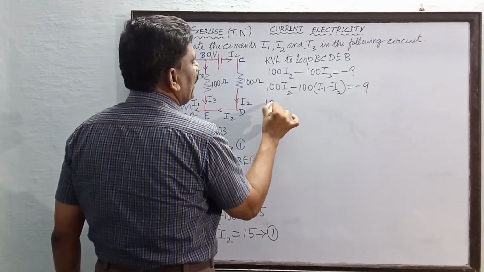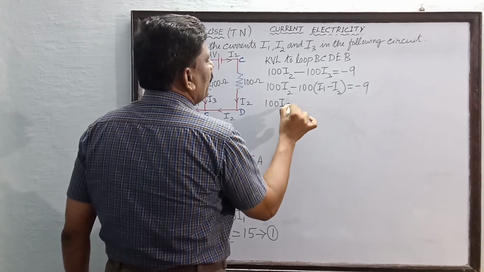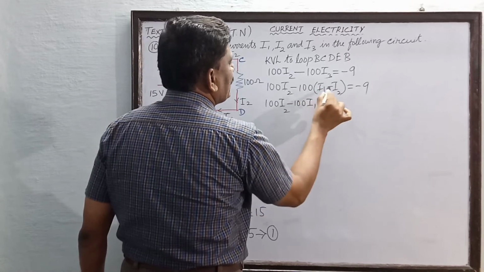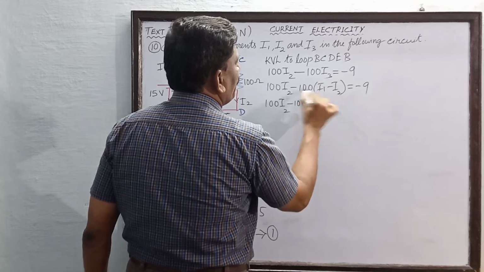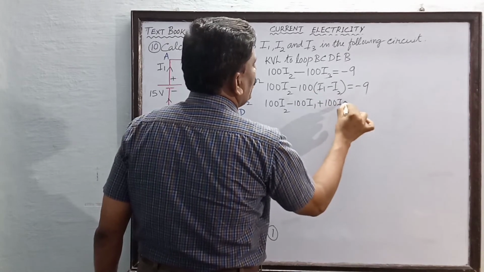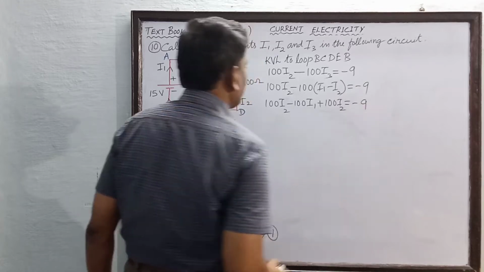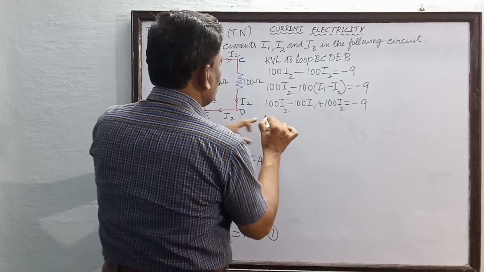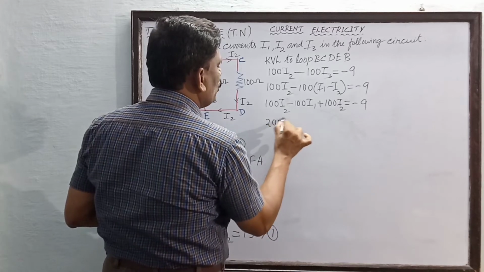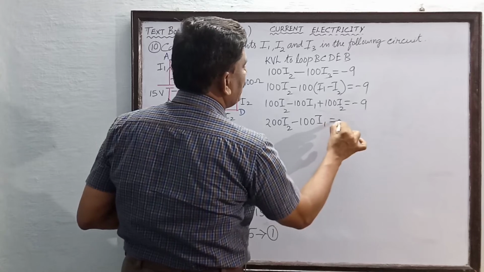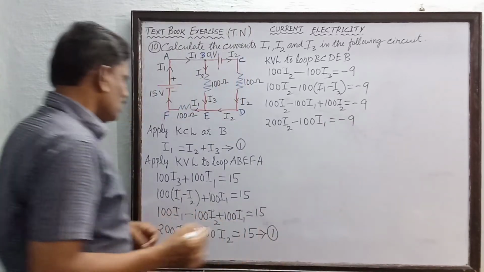So this is 100 I2 minus 100 I1, minus of minus will become plus 100 I2. So this is equal to minus 9. So this 100 I2 plus 100 I2 will become 200. Okay. So this is 200 I2 minus 100 I1 is equal to minus 9.